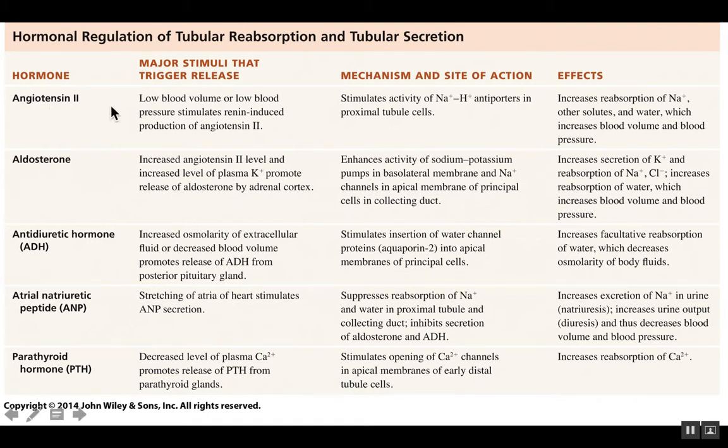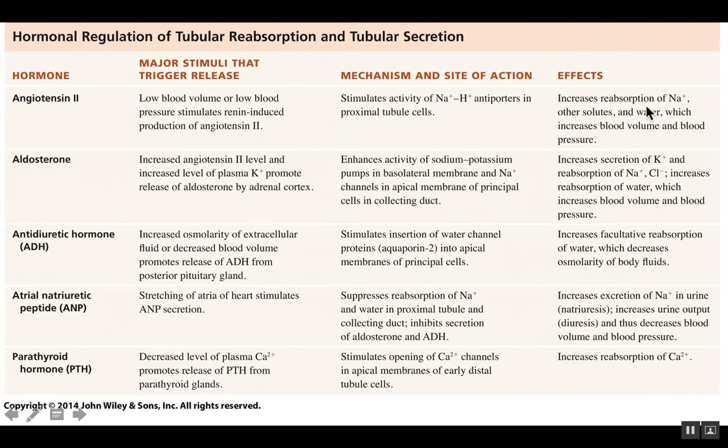Angiotensin 2 is triggered to be secreted by a low blood volume and low blood pressure. And remember, this angiotensin 2 is a product of that renin, aldosterone, angiotensin pathway. So if you have a low volume or low pressure, what would this hormone do to help?